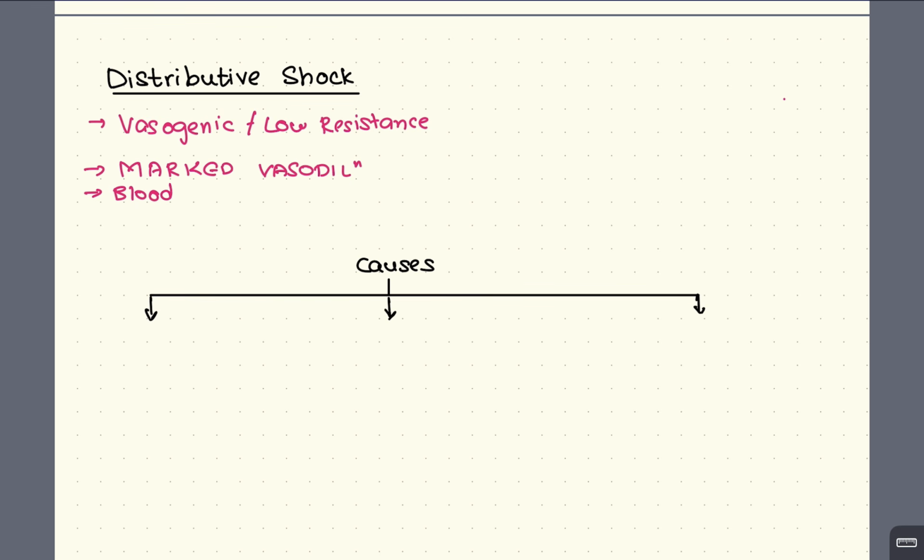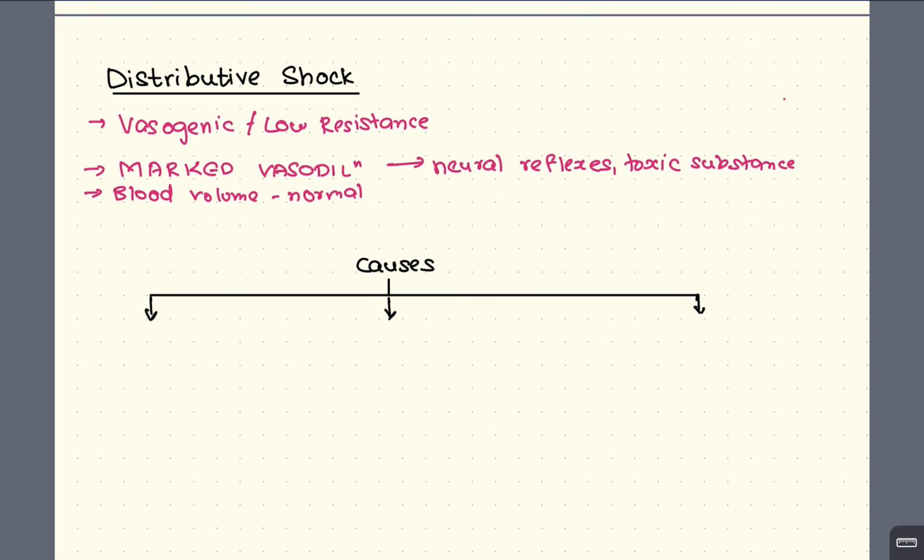So in spite of normal blood volume, there is shock. Why is that so? It's because of marked vasodilation. The diameter of the vessel increases, so the capacity of the circulation increases. What causes the vasodilation can be neural reflexes or toxic substances.